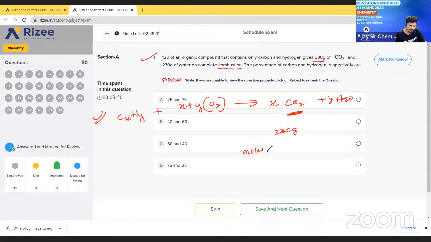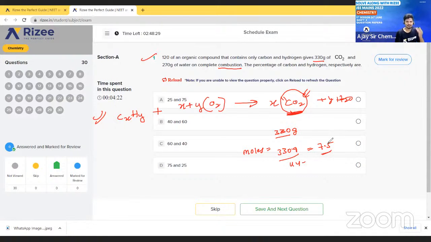Moles equal 330 grams divided by the molar mass of CO2, which is 44. Carbon atomic mass is 12 and oxygen atomic mass is 16, and two oxygens are present, so you get 44. If you calculate this, you will get 7.5.